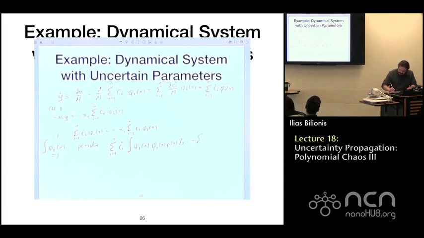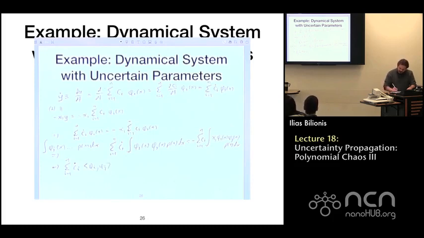which is equal to minus the sum i equals 1 to n of ci times the integral of x1 phi i of x, phi j of x, p(x) dx. Or in our other notation, we have the sum of ci dot, where we have the inner product of phi i with phi j.